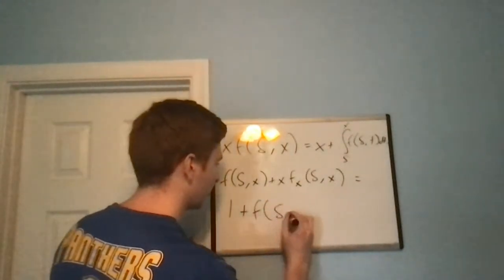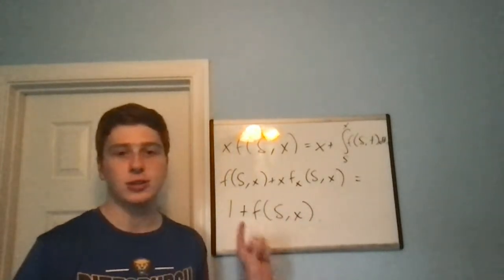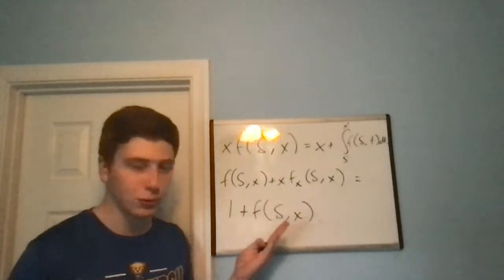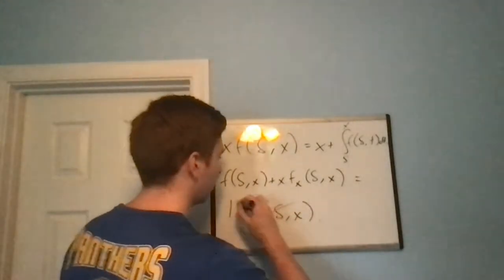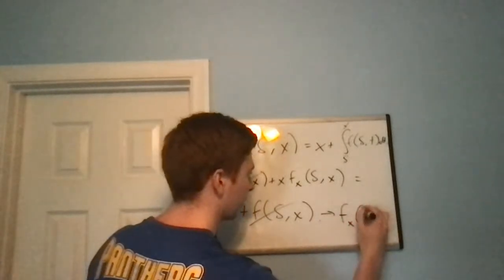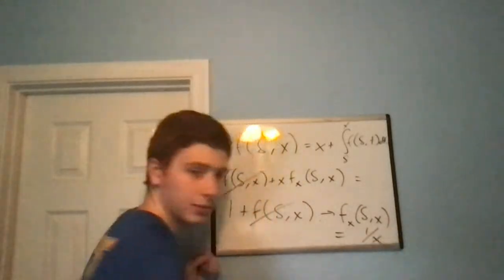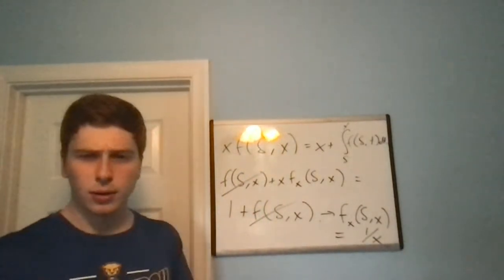And again, the super satisfying function cancellation occurs in the exact same way as it did before. This cancels with this, and we end up getting that f sub x of delta comma x is equal to 1 over x. Okay, or is it?